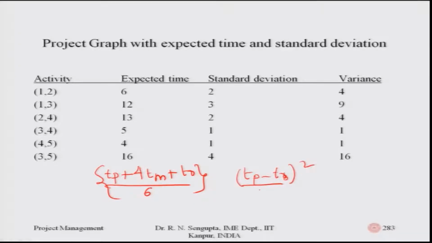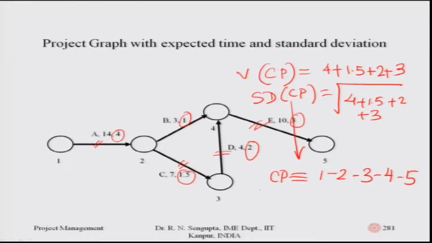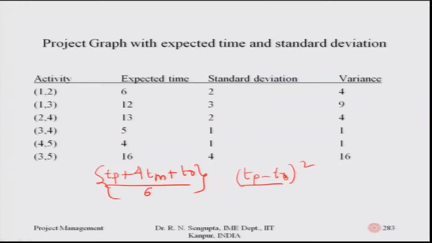Let me go back to the formulas. So, use these formulas to find out this and this, given whatever information is there, which let me highlight is TP, TM, TO.